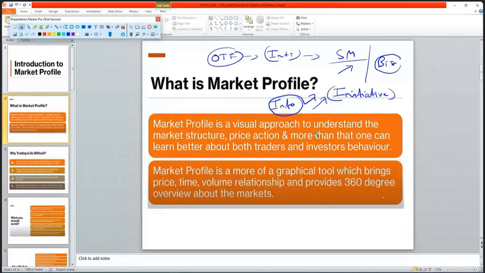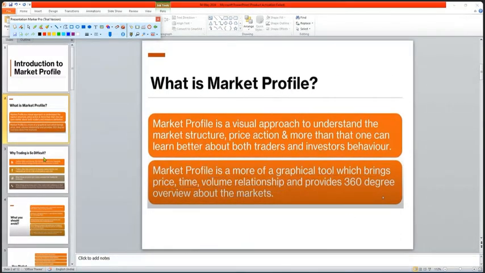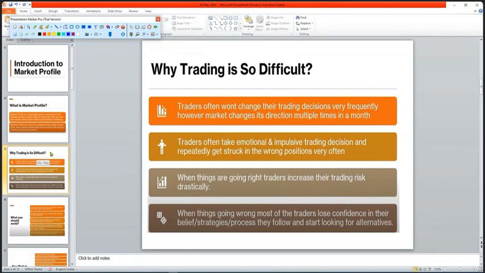That's why market profile clearly follows the bell curve process, showing where the maximum participants are in the market, the fair price and the fair value. When the next imbalance activities happen, various concepts are built into the market profile. It is a graphical tool which shows the price, time, and volume relationship, so it plays a different role compared to other tools.